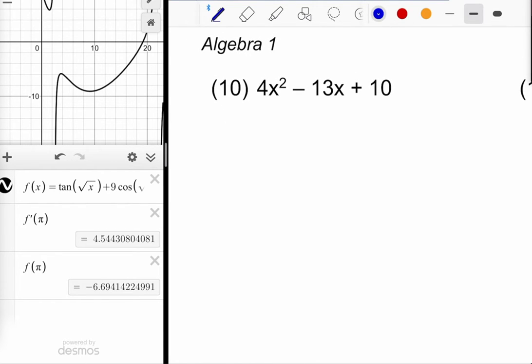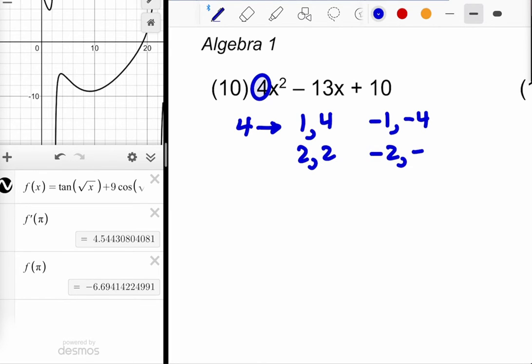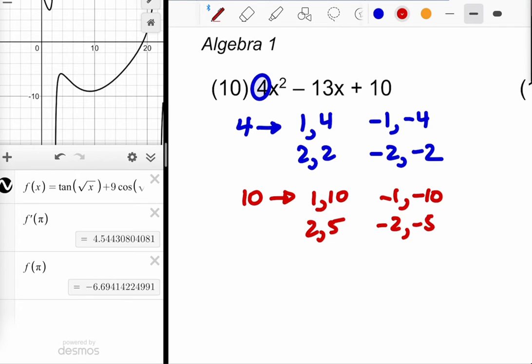All right. So looking at a coefficient of 4, we have possible factors of 1 and 4, -1, -4, 2 and 2, -2, -2. And then for the 10, possible factors of 1 and 10, -1, -10, 2 and 5, -2, -5.